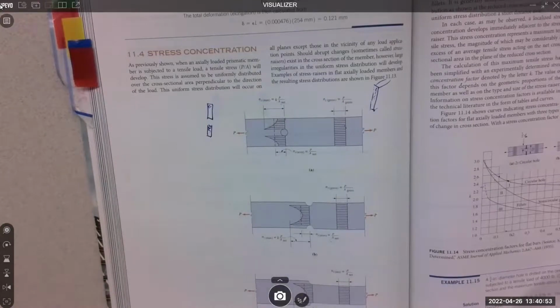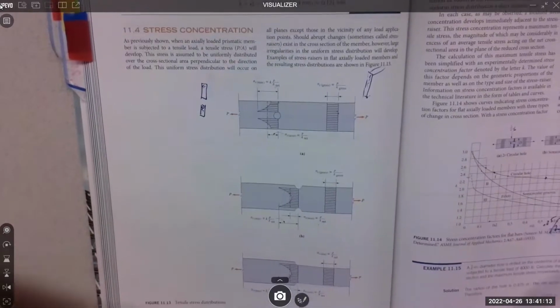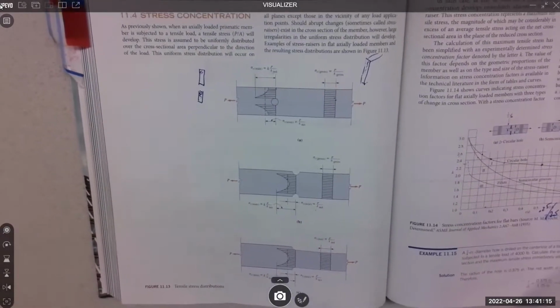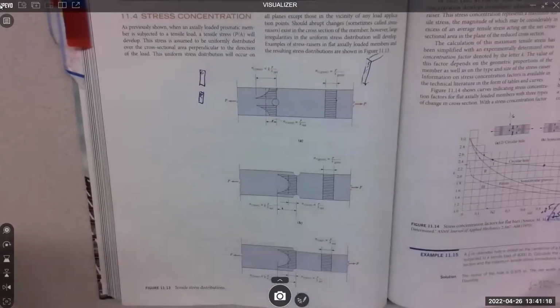Well, that puts holes in frames that is going to create a stress rise. So we have to consider that. So this is how we do concentrations in this class. Like I said, they're not a linear function, they're a calculus function. So we can do 3 of them without calculus, pretty straightforward. And these are the 3 most common ones.